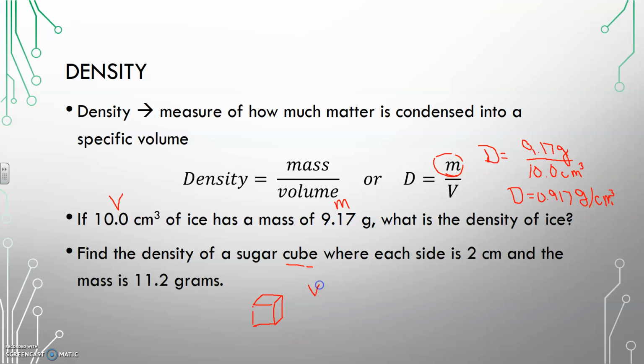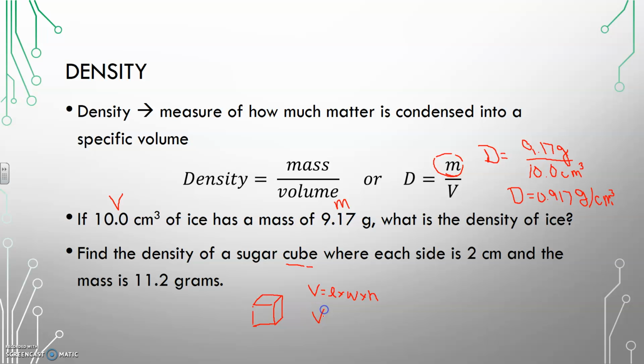To calculate volume, remember you're going to do length times width times height. Because it's a cube, length, width, and height are all the same, 2 centimeters. So it's 2 centimeters times 2 centimeters times 2 centimeters.